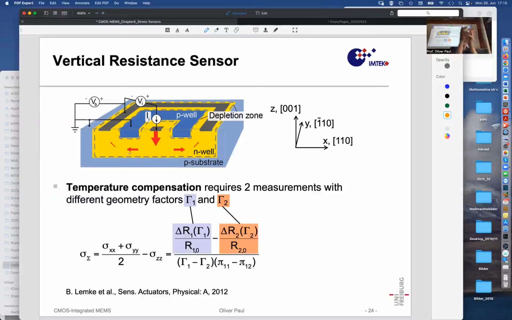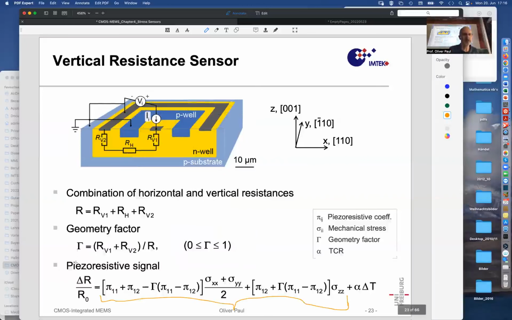And depending on how you design the structure, the ratio of vertical to horizontal, this gamma factor can be modulated as a function of the biasing. That's what the purpose of the whole exercise is. Somehow modify RH differently from the modification of RV, and then your gamma is different. And then you have 2 delta R over R zeros with 2 different gamma values.